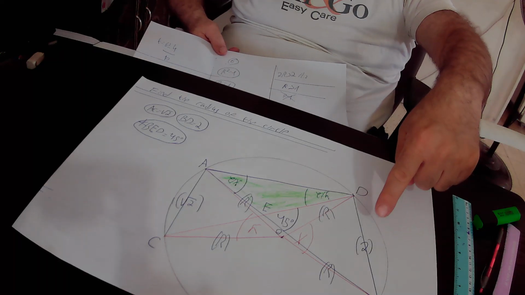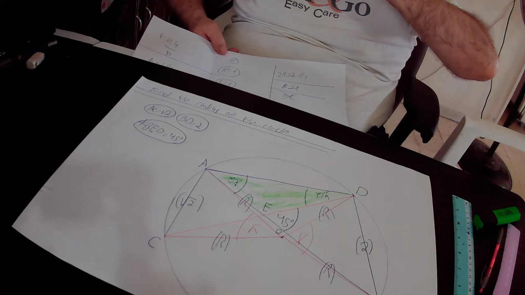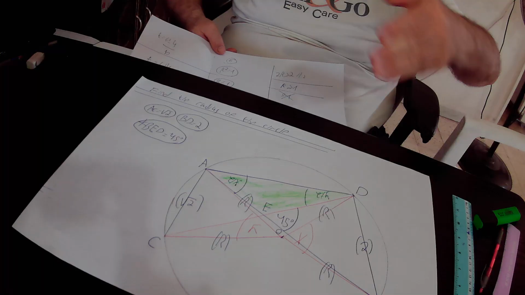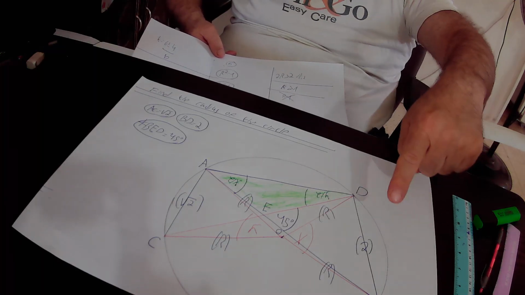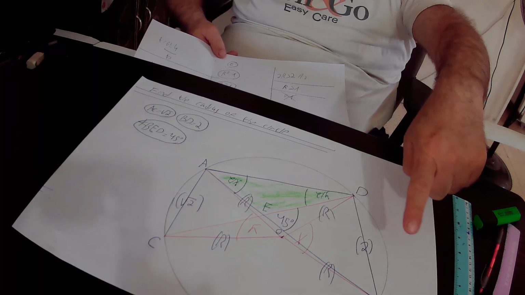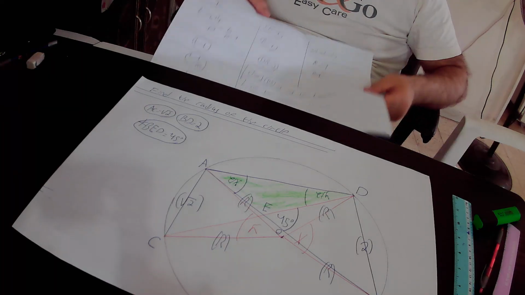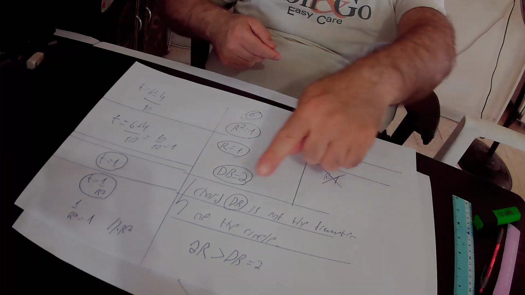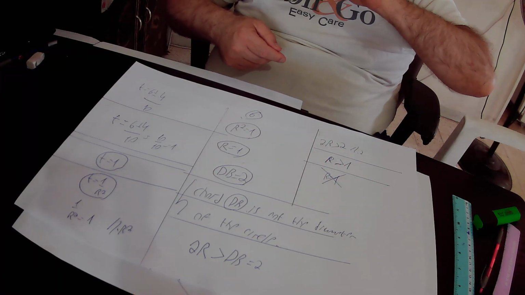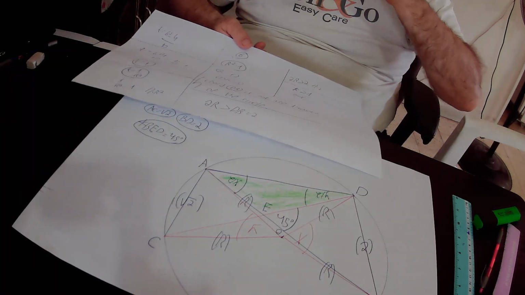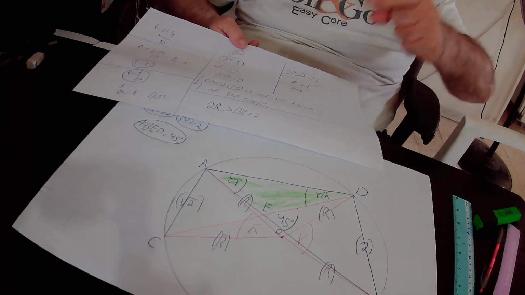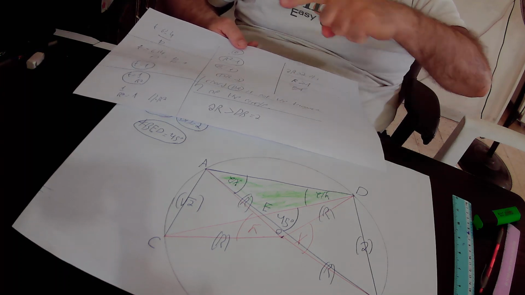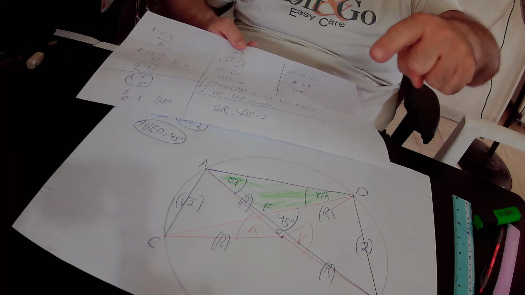This is called db, that is 2 units in its length, and it is very easy to see that chord db is not the diameter of the circle. So chord db equals 2, and chord db is not the diameter of the circle. But we also know that the diameter of any circle is the longest chord in the circle.